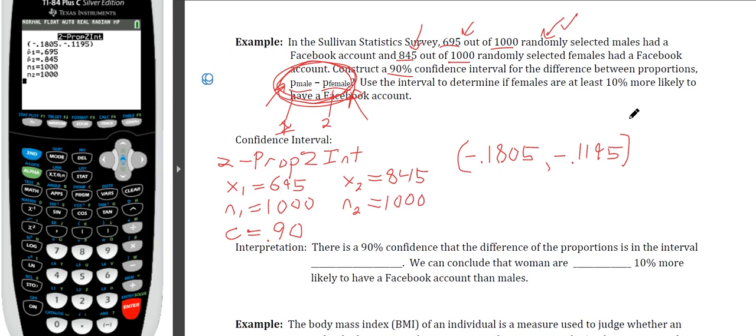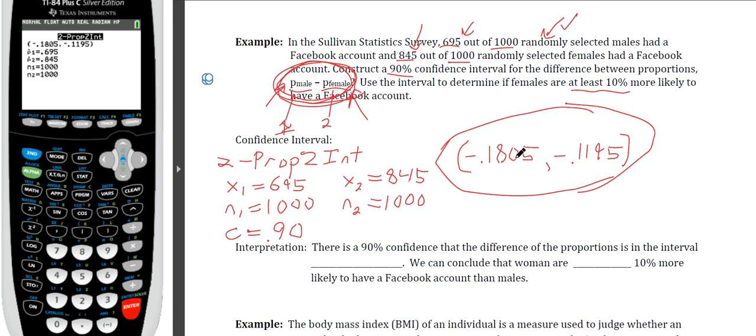And it says, use the interval to determine if females are at least 10% more likely to have a Facebook account. Well, if they're at least 10% more likely, that means 10% or more. And based on this interval, yeah, I'd say that they are likely at least 10% more likely to have a Facebook account, because this is 11.95%, this is 18.05%.